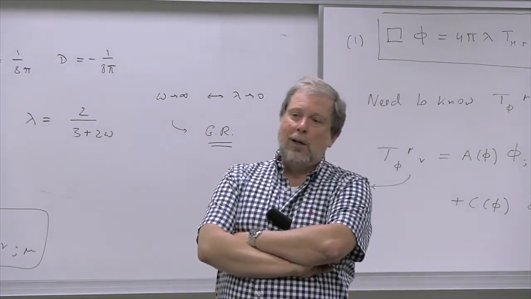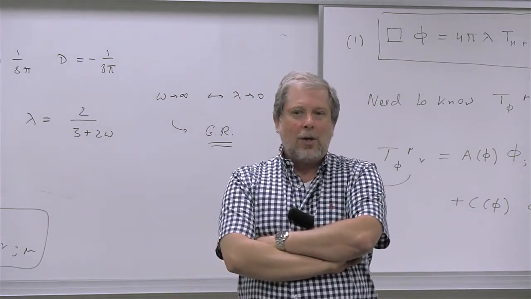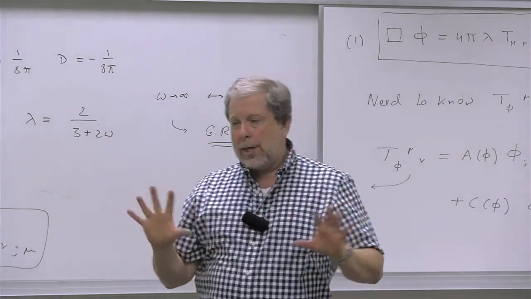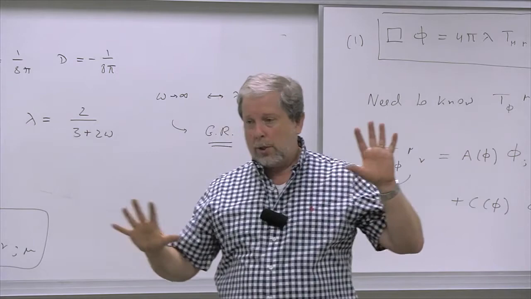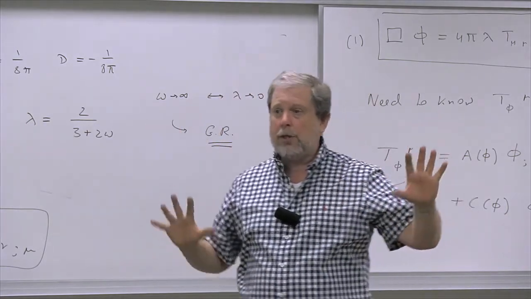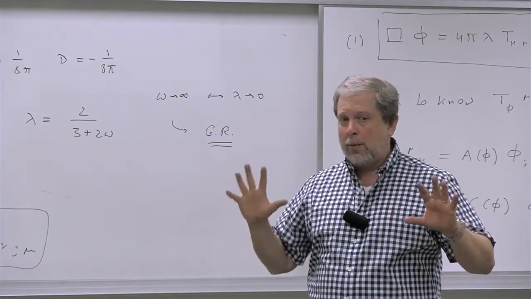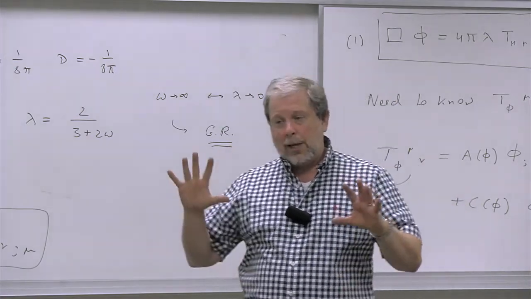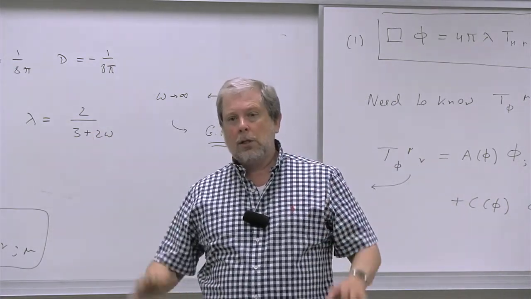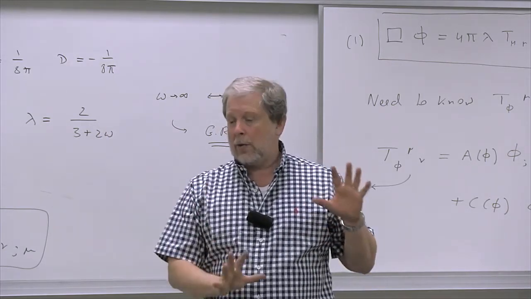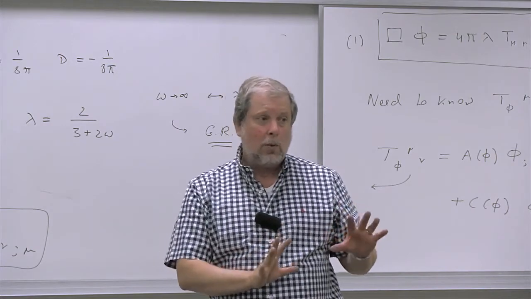So, yes, but in this class, what we are attempting is to try to understand as much as we can the general principles and what does follow from those general principles. And of course, nature can be a lot more complicated than what we imagine. But nevertheless, if you assume certain things, if you assume general covariance, then you can say some things which are quite definite.